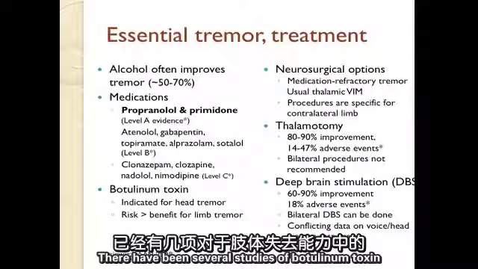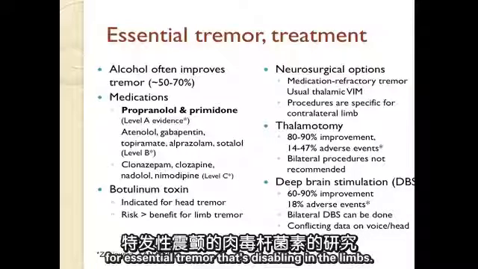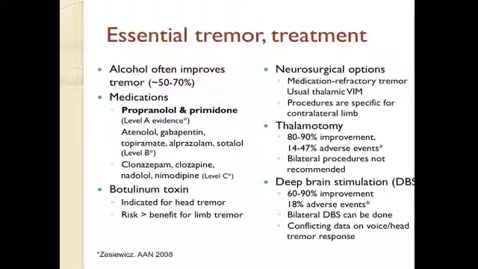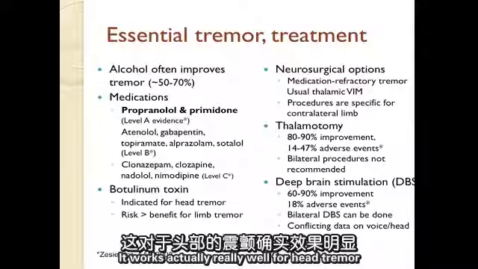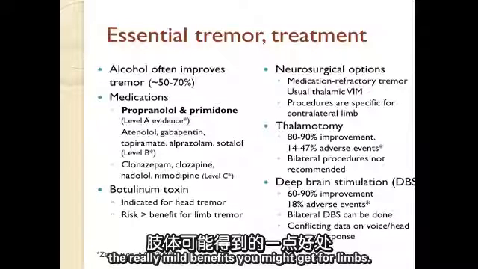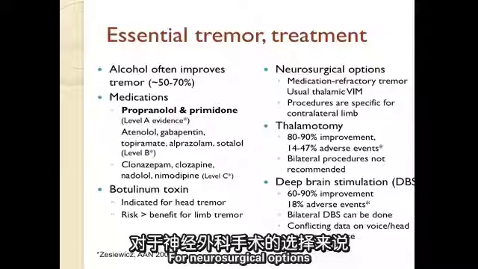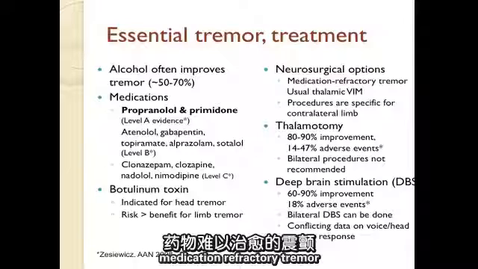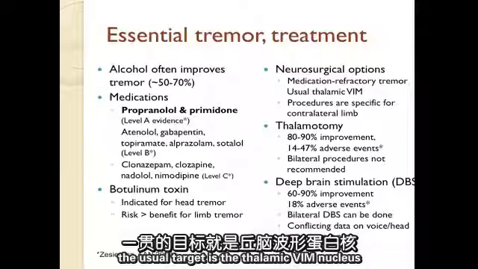There have been a few studies of botulinum toxin for essential tremor that's disabling in the limbs. It works really well for head tremor, but the risks of weakness tend to outweigh the really mild benefits you might get for limbs. For neurosurgical options, for medication refractory tremor, the usual target is the thalamic VIM nucleus.